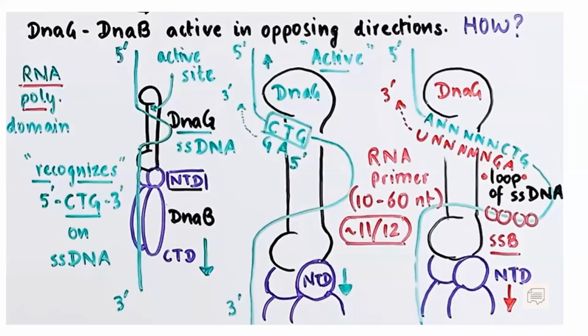The helicase is moving towards the 3' end. The active site of the primase, which contains the RNA polymerase domain, is at the distal end. And before the DNA gets to the RNA polymerase site, the single-stranded DNA is looped, and this loop forms because the active site tries to recognize the priming site, which is specifically the CTG on the single-stranded DNA.